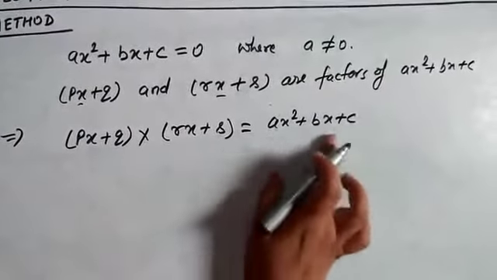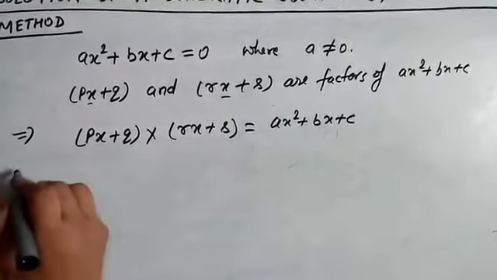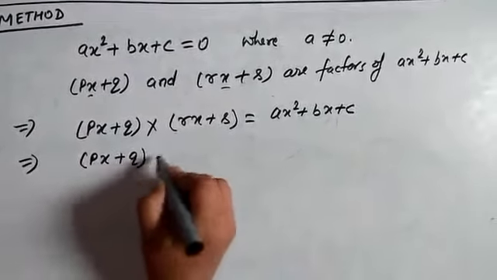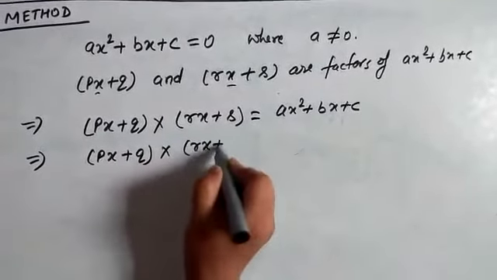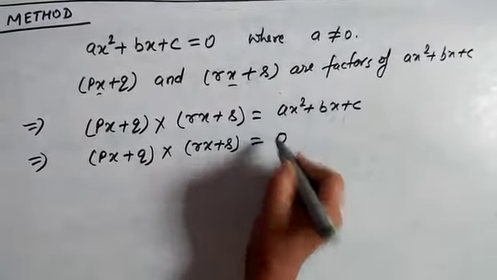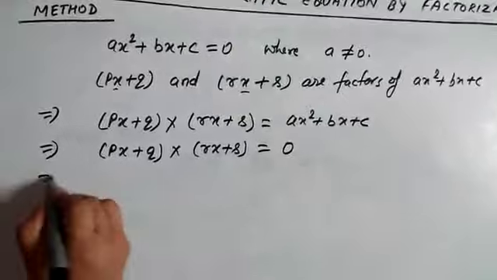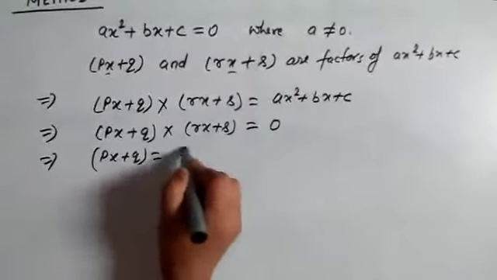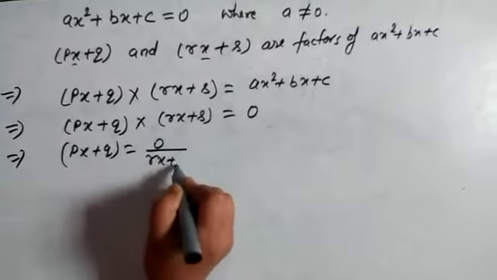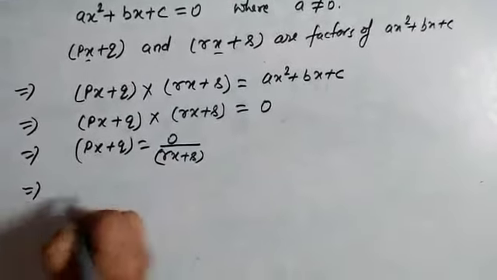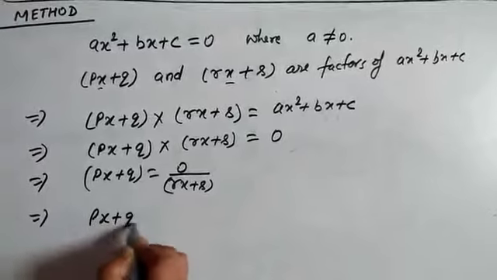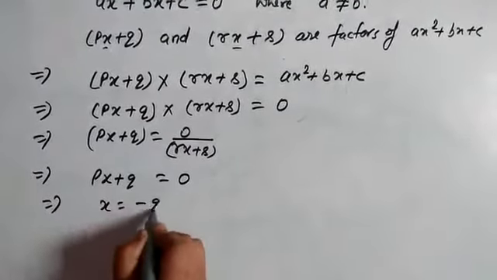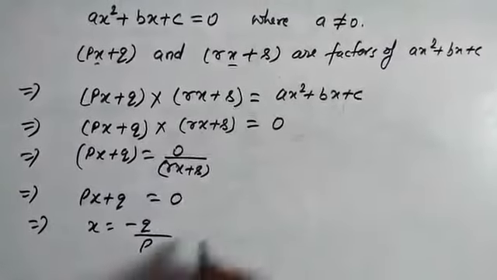Now since ax square plus bx plus c equals 0, we can also say that px plus q into rx plus s equals 0. So if px plus q equals 0, then x equals minus q by p.